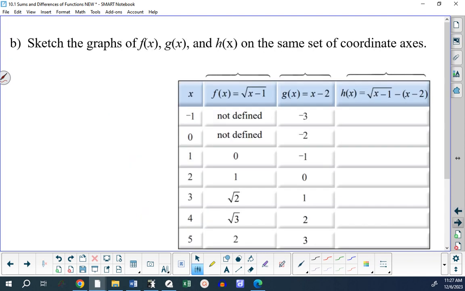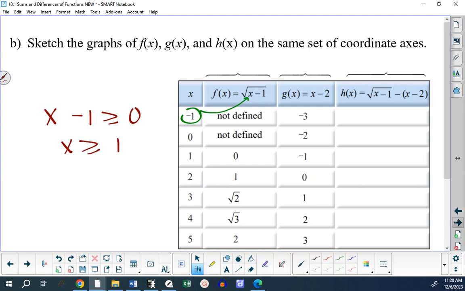So briefly, I populated the second column of this table by putting those x values in for x in f of x. So for example, negative 1 in here gives me the square root of negative 2. Not allowed. By the way, you could make an observation that x minus 1 must be greater than or equal to 0, which means x is greater than or equal to 1.